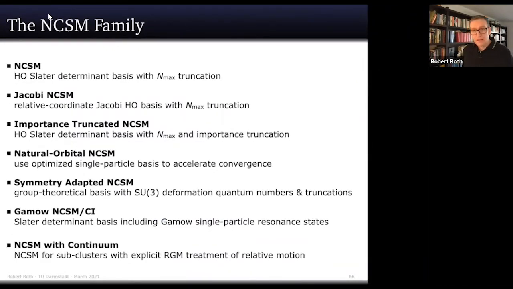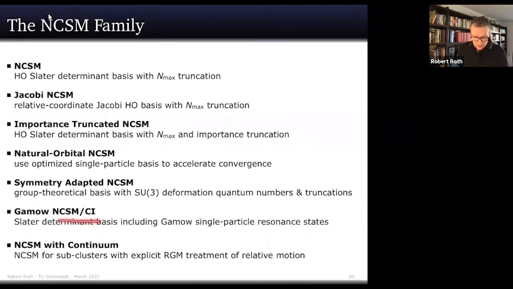This is the end of the NCSM discussion. I just want to mention that the NCSM is a big family. We've discussed the harmonic oscillator NCSM in relative coordinates, importance truncation, natural orbitals. And there are many other flavors of NCSM-style calculations. There's a big effort in symmetry-adapted NCSM calculations, where you take additional symmetries, in addition to rotational symmetry, into account.